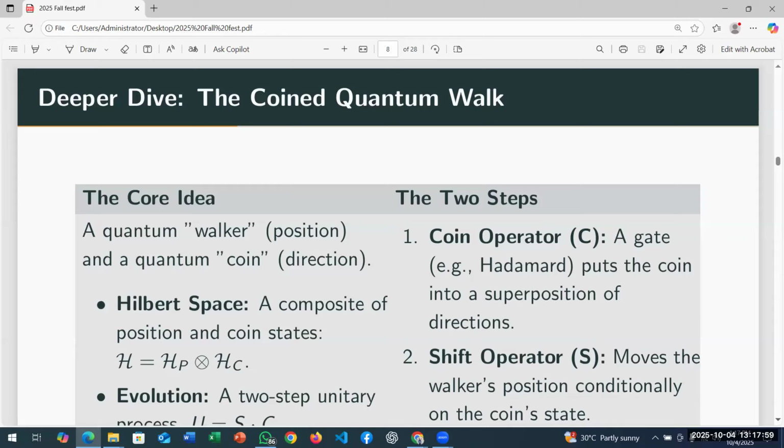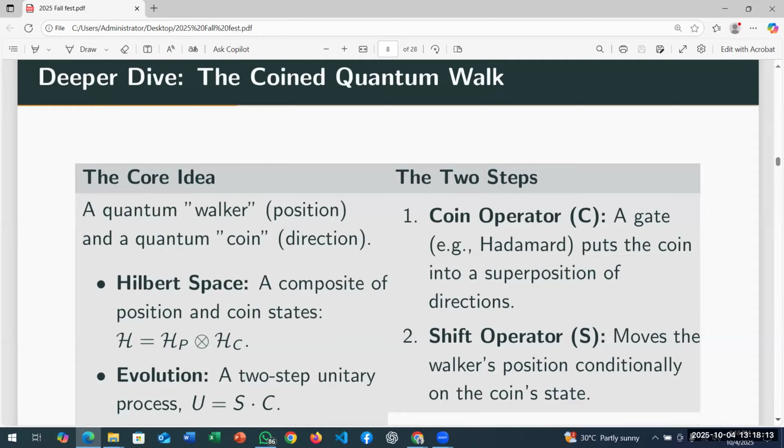This quantum walker cannot just move randomly like that of the classical one. So there's a particular advantage here, and that advantage is the coin. The decision of the coin will determine what is to be done and the direction to go.